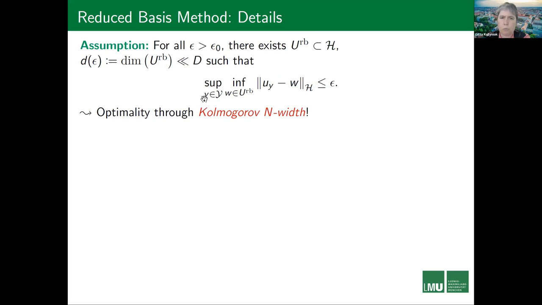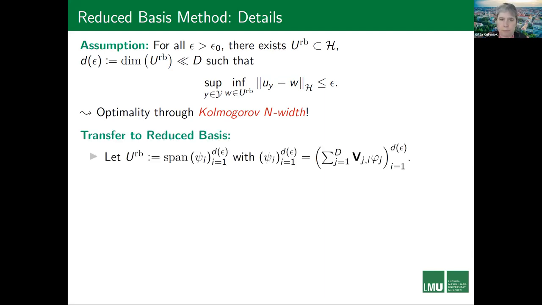Even if I look at the worst parameter, I will always find for the true solution an element in my little space which has just the distance of epsilon. There's a whole theory of how that could be achieved.